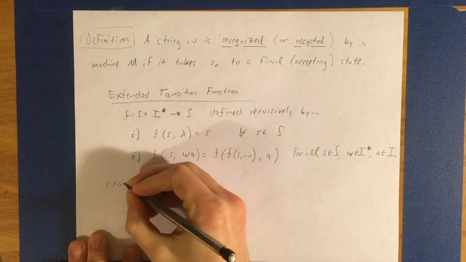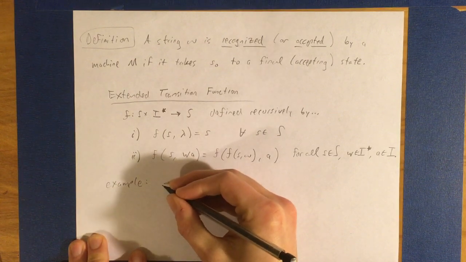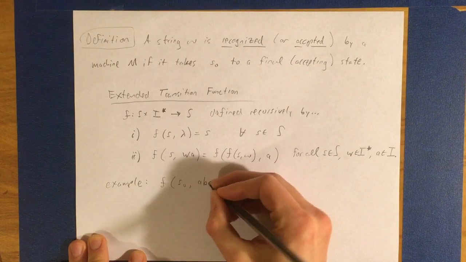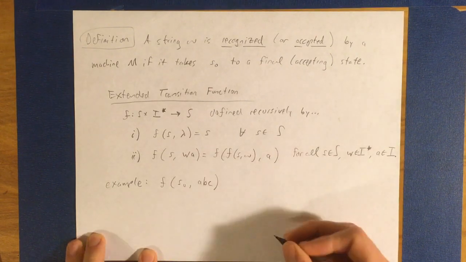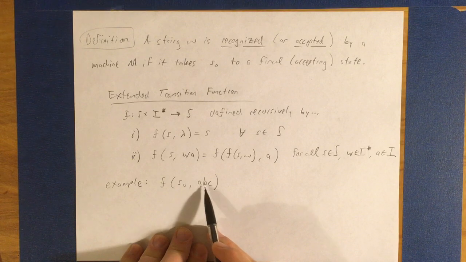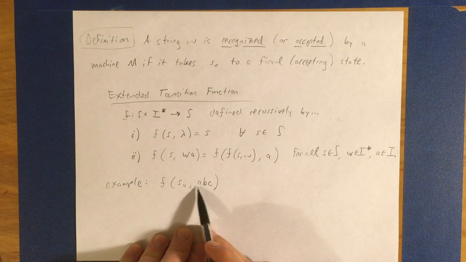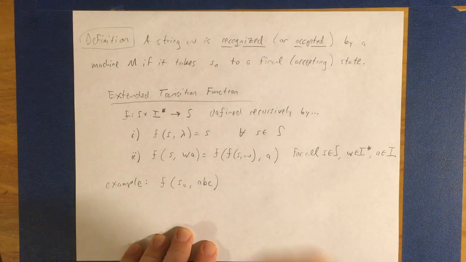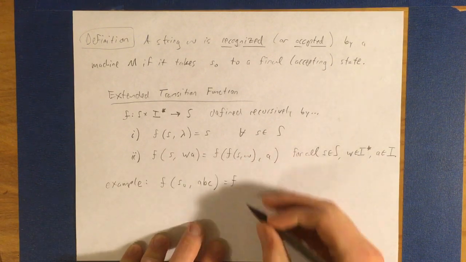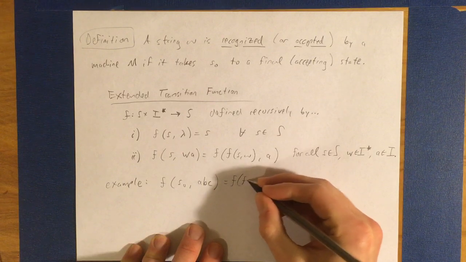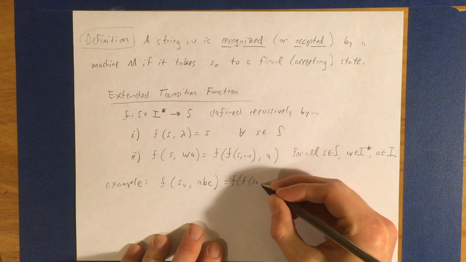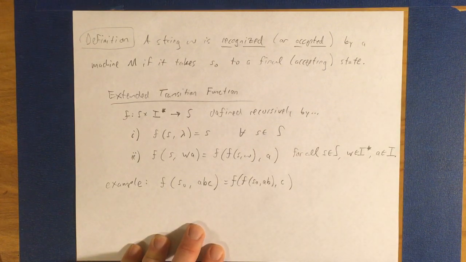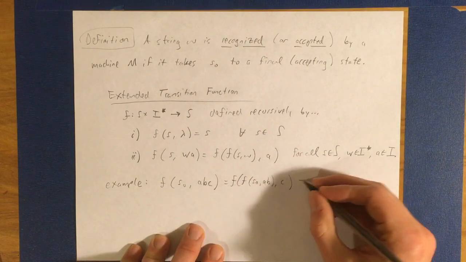So just as an example, say you start at S0 and you receive the input ABC. Then what we'd say is take this entire word except for the last character. So we're going to take AB as our W and then C as our last character there, and recurse. This is f of S0 AB and then C. And then you can recurse again because this is still a character string of length 2.